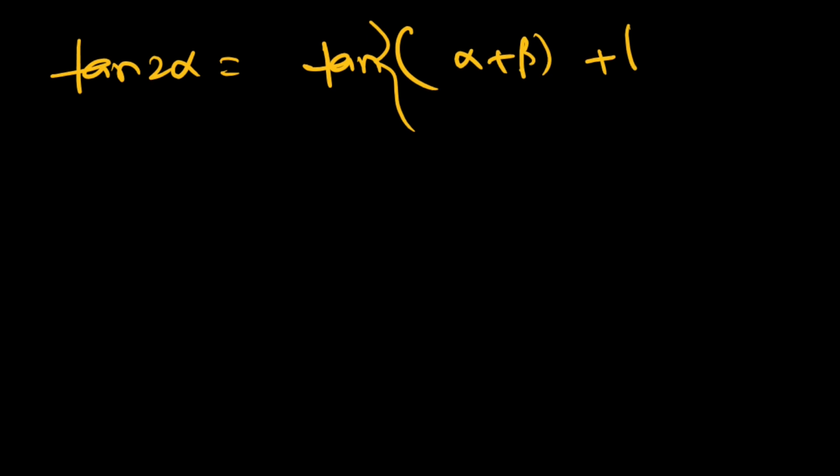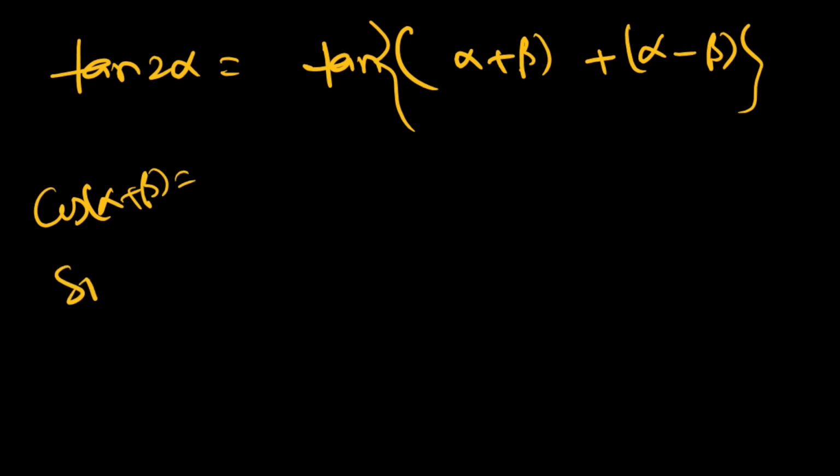So overall in this question, we write tan 2 alpha in this form, tan of (alpha plus beta plus alpha minus beta), because the value of cos of alpha plus beta is given and sine of alpha minus beta is given. That's why we write tan of 2 alpha in this form.